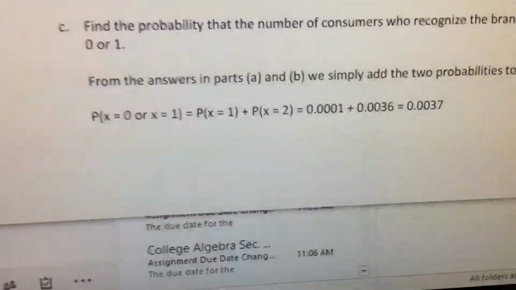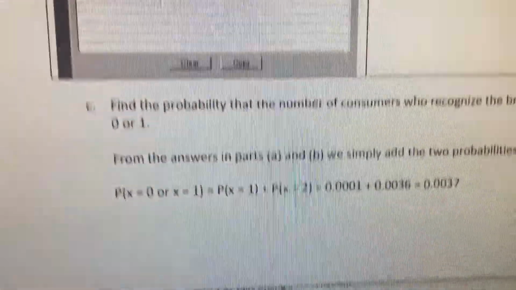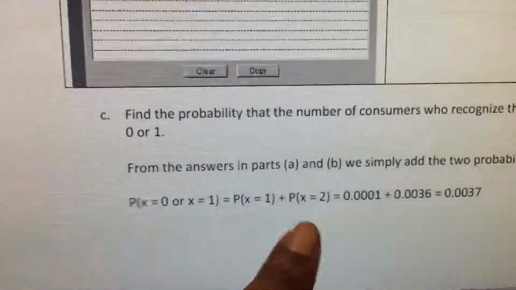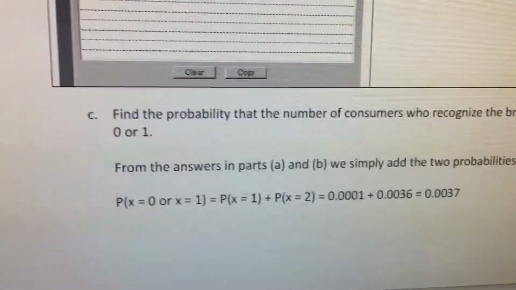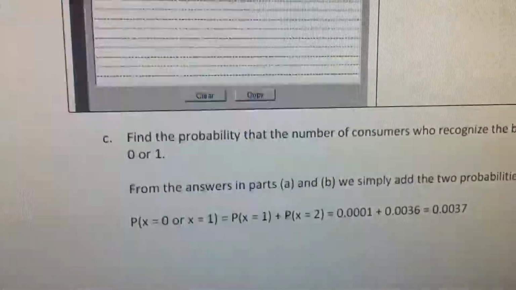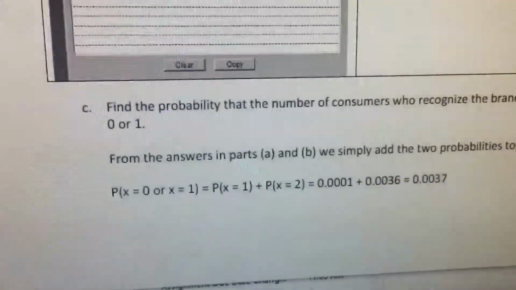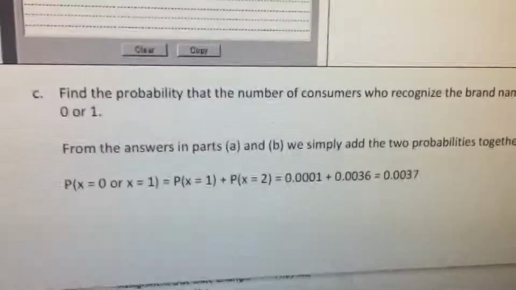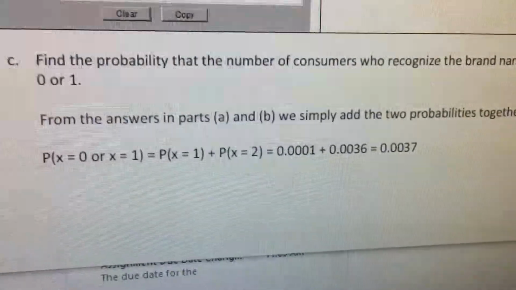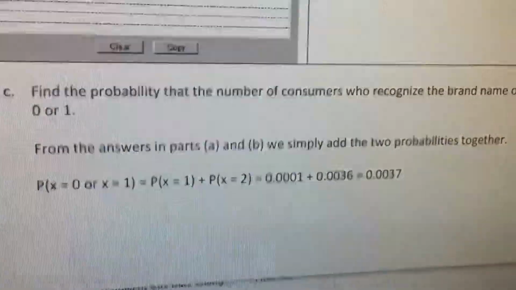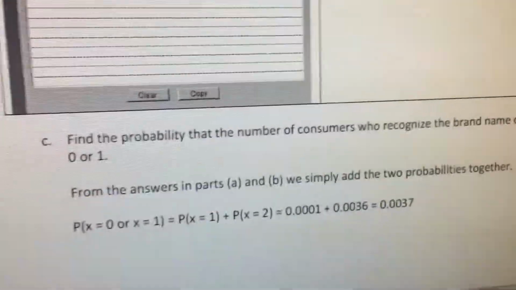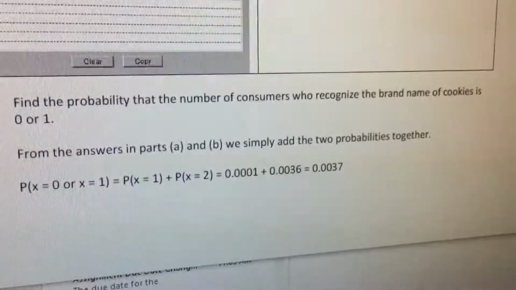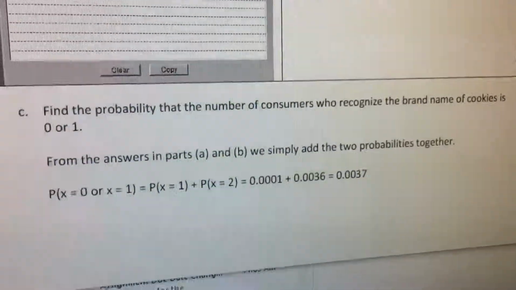That was 0.0001. And this should read the probability of exactly 0 plus the probability of exactly 1. That's a mistake there. But the probabilities are correct. And the probability of exactly 1, that's going to be 0.0036. And then if you add those two probabilities together, you'll get 0.0037. Okay? That's how you would answer part C. You just simply add the two probabilities that were in parts A and B together.